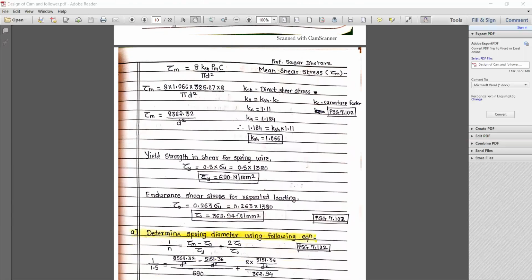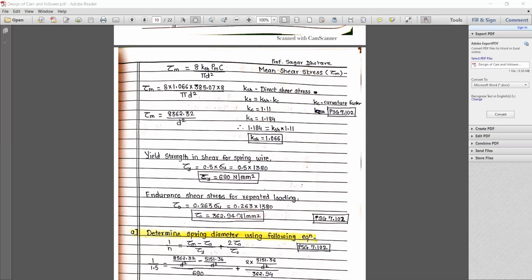Now secondly, calculating tau m. Tau m is nothing but the mean shear stress. That can be calculated referring to page number 7.102. Tau m is equal to 8 into Ksh, that is direct shear stress factor, into Pm, the mean load, into C divided by pi d square. So putting all the values, first of all we need to calculate Ksh.